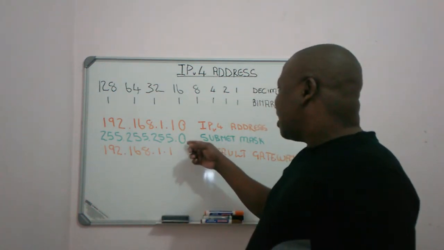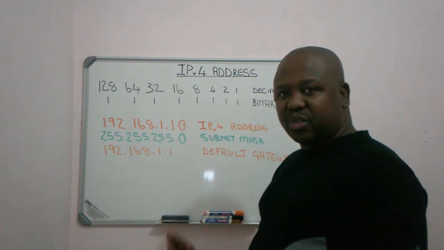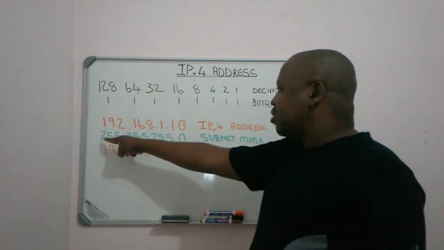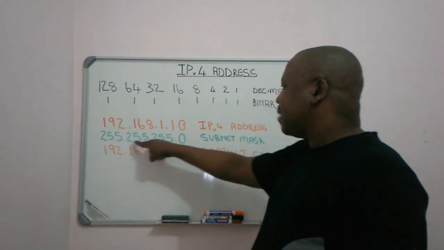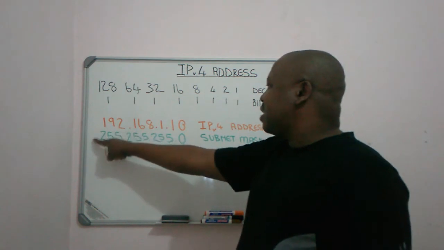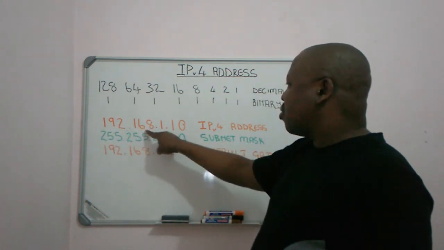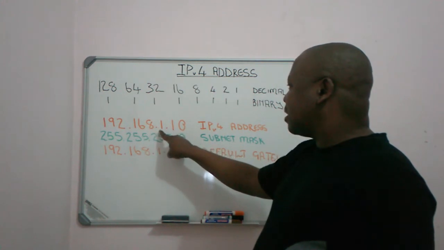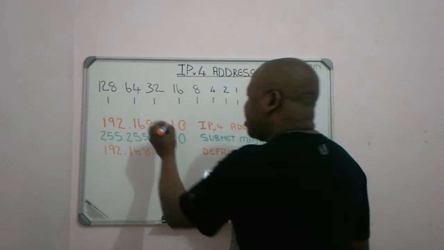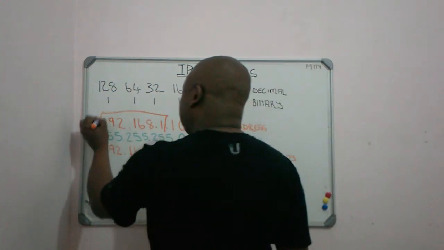Subnet mask helps to divide our IP address into network and host. Where you see the 255s, 255, 255, 255, this is the network portion, meaning 192.168.1 is our network portion.